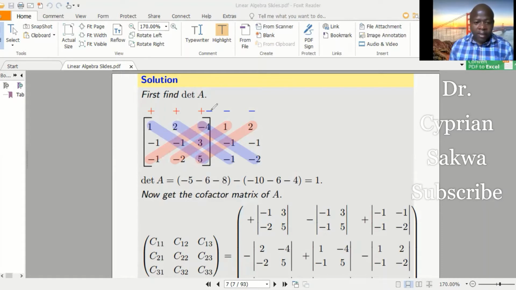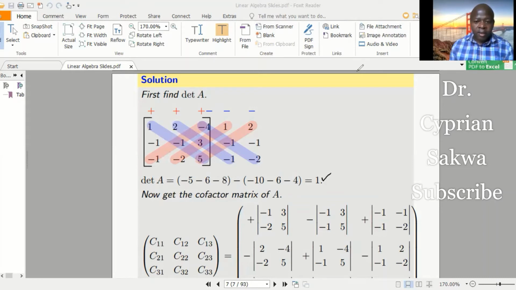And then minus these entries: minus -10, and -6, and -4. When I do this, I get the determinant to be 1. So I now have the determinant. What I want to look for is the cofactor matrix.